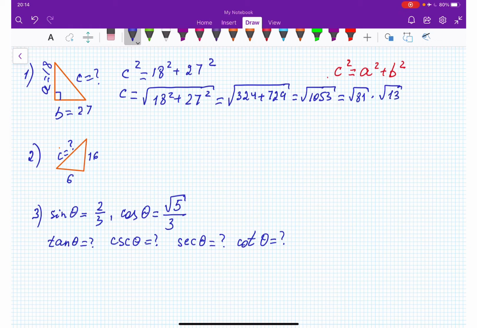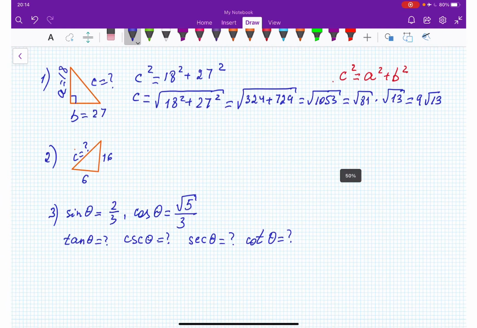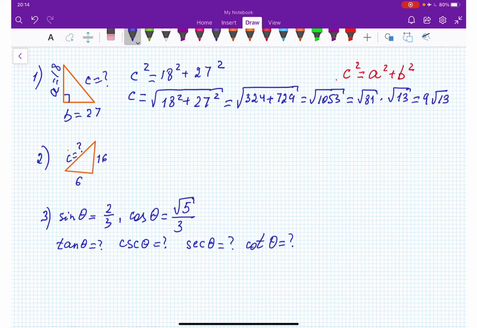You are breaking it down so that at least partially you can take it out. Square root of 81 is 9, and square root of 13 stays underneath. So that means C is equal to 9 square root 13.